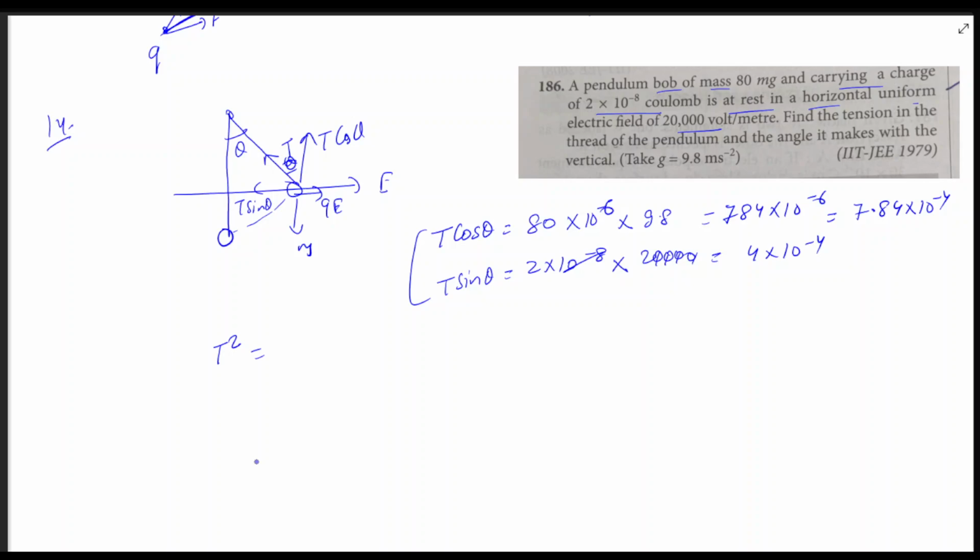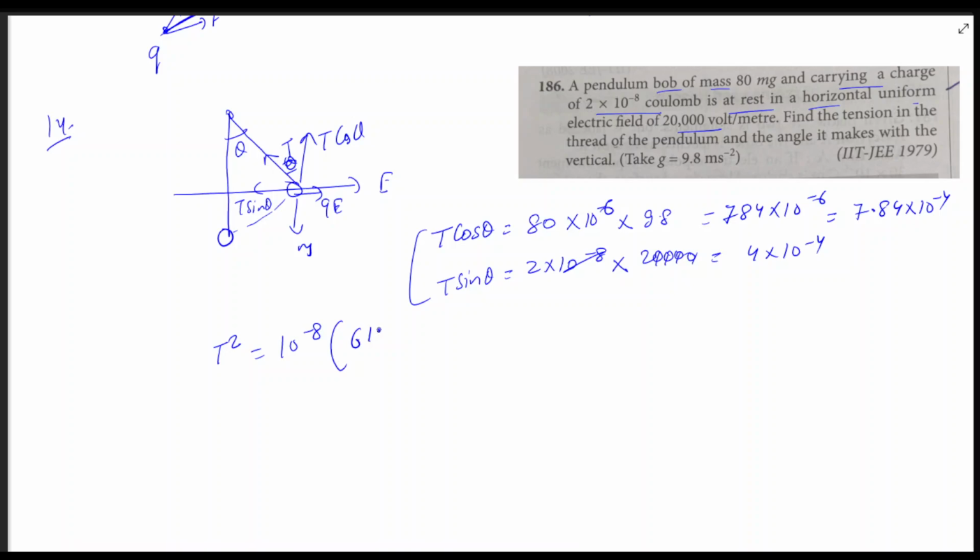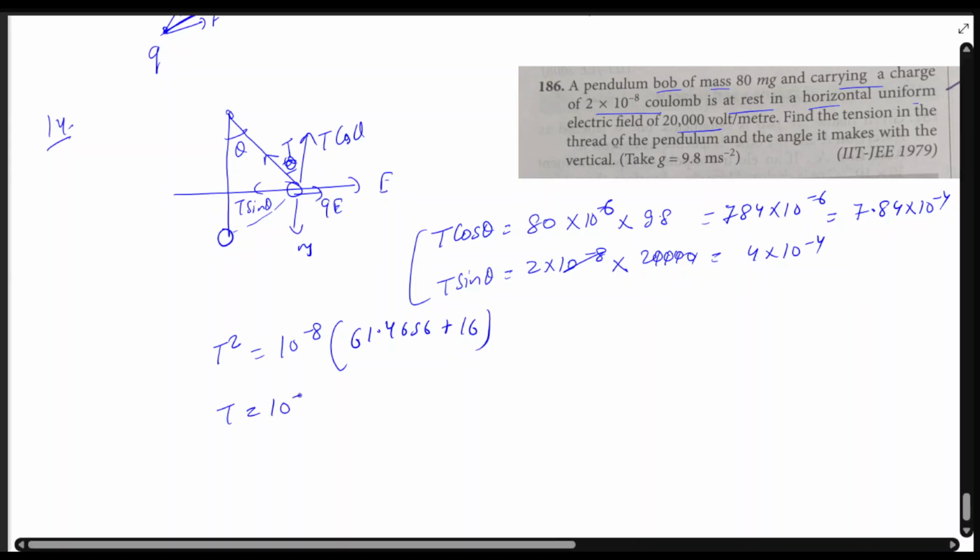Okay. So if I square and add them, we will have 10 to the power minus 8 and 7.84 into 7.84. It will be 61.4656 plus 16, right? So T will be 10 to the power minus 4 root this.